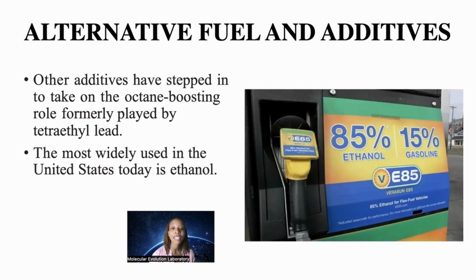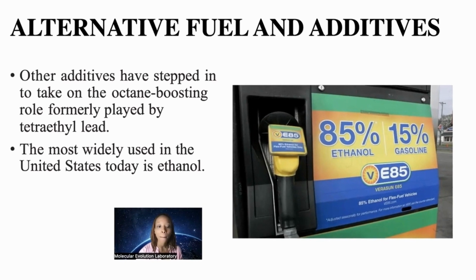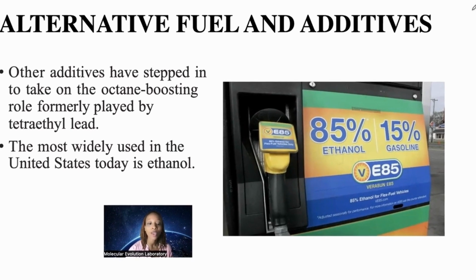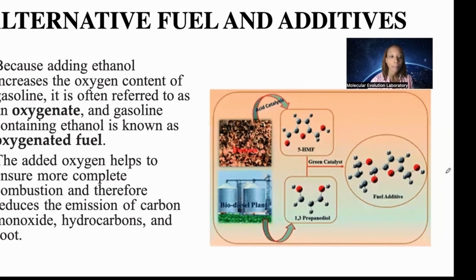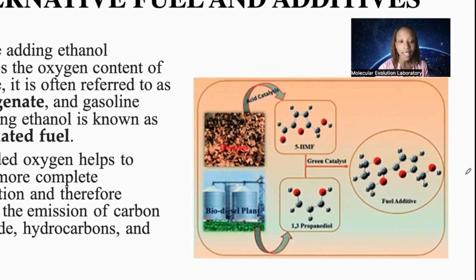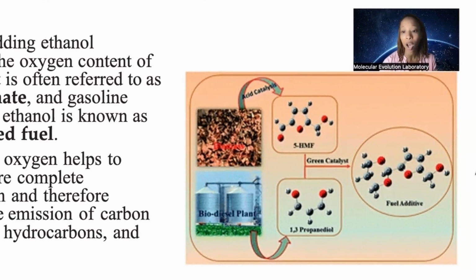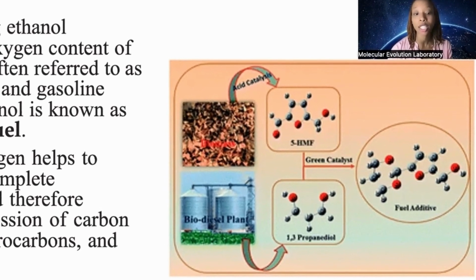Other additives have stepped in to take on the octane boosting role formerly played by tetraethyl lead, but the most widely used in the United States today is ethanol. As we mentioned before, because adding ethanol increases the oxygen content of gasoline, it is often referred to as an oxygenate, and gasoline containing ethanol is known as oxygenated fuel.